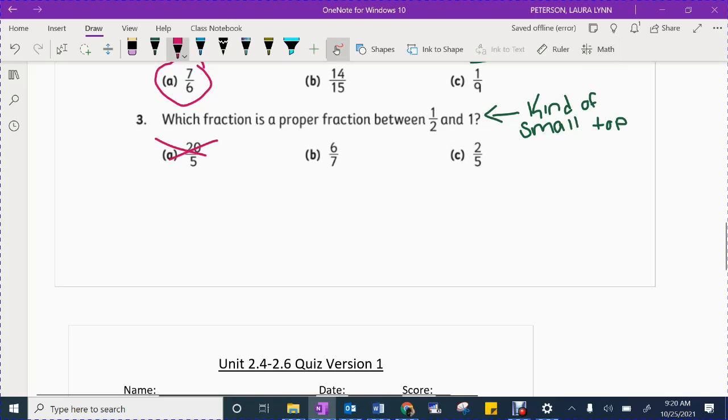Part B, we have 6 compared to 7. Well, 6 is only kind of small compared to 7, so that might be our answer, but we need to make sure we can rule out everything. Part C is 2/5. 2 is actually pretty small compared to 5. So this one will not work. So we choose part B.